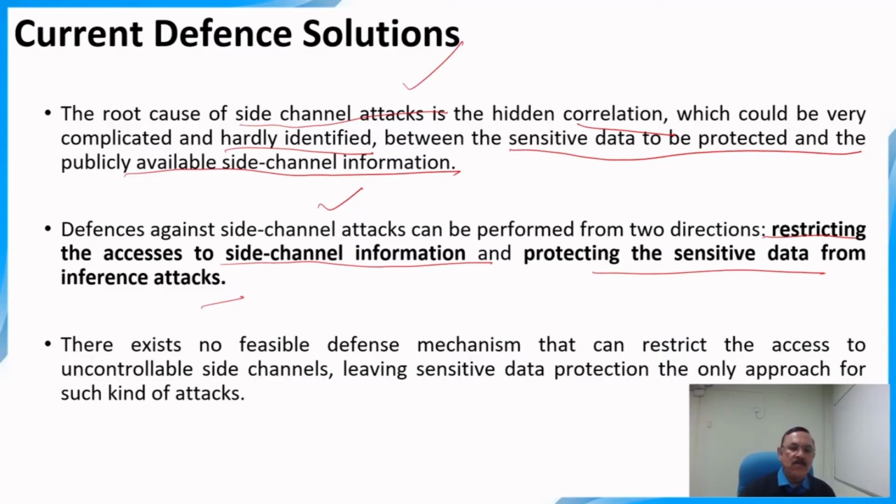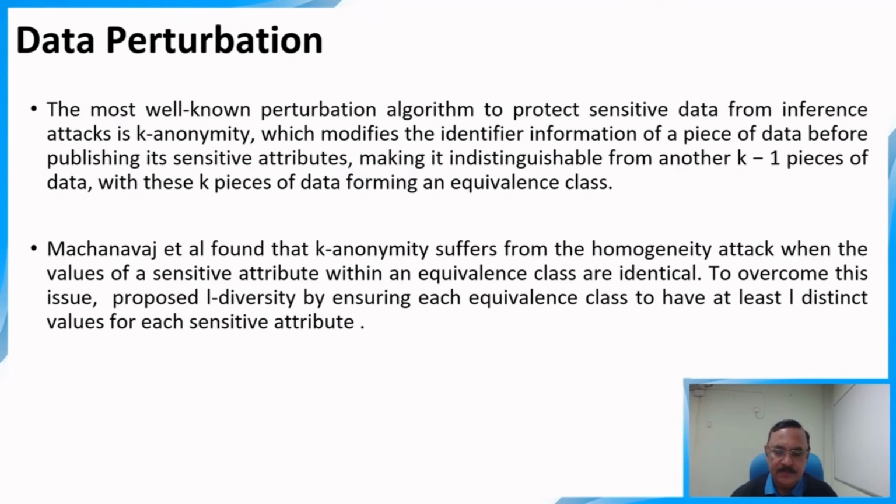There exist no feasible defense mechanisms that can restrict the access to uncontrollable side channels, leaving sensitive data protection as the only approach for such attacks. Data perturbation.